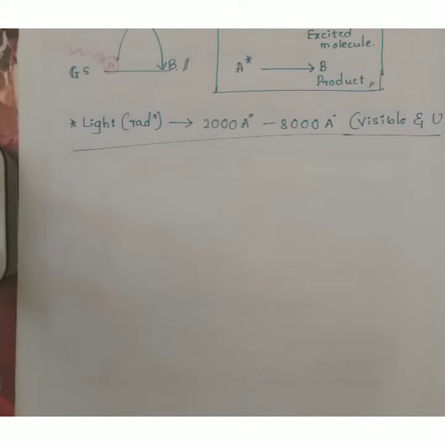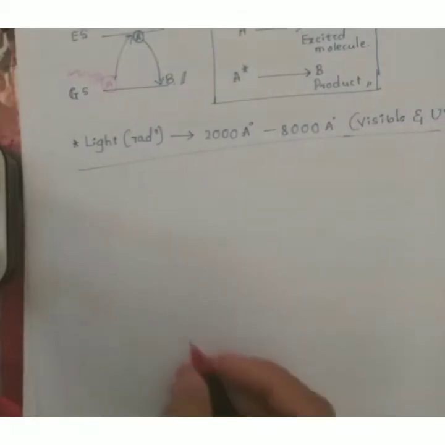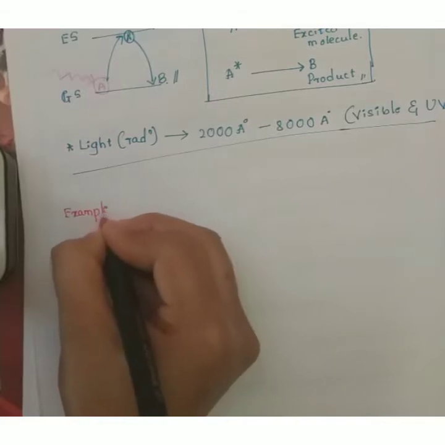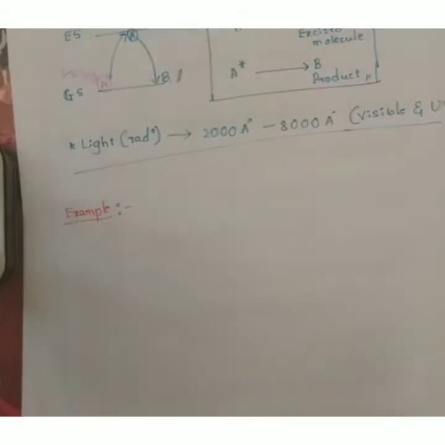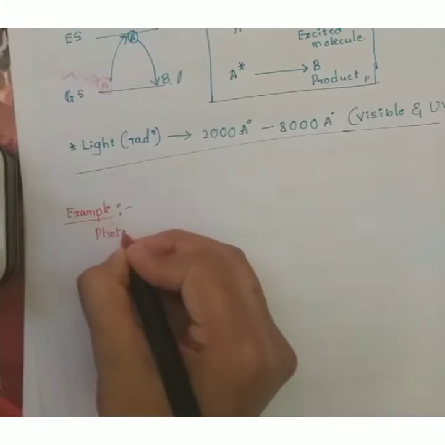Let's study examples of photochemical reactions in our day-to-day life. The first example for the photochemical reaction is photosynthesis, that everybody knows.